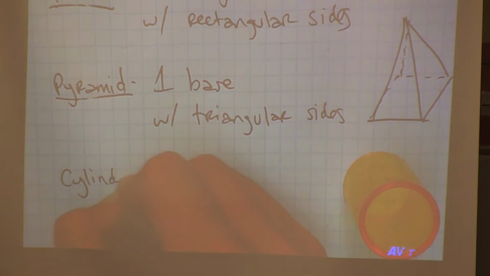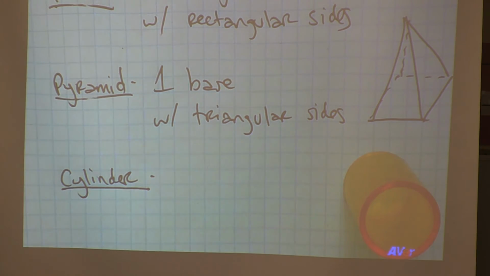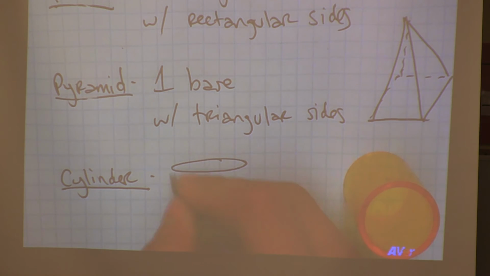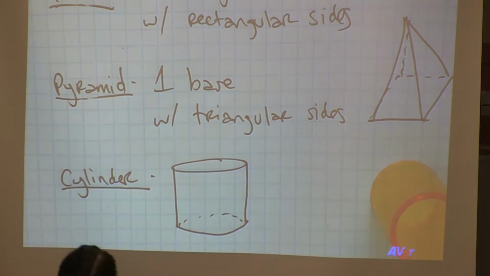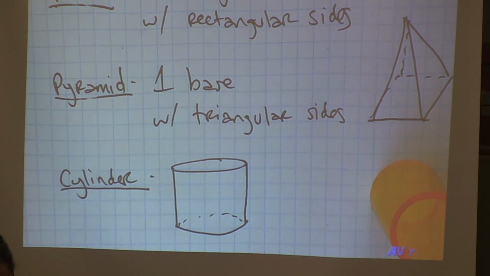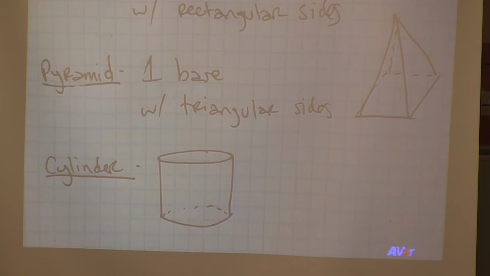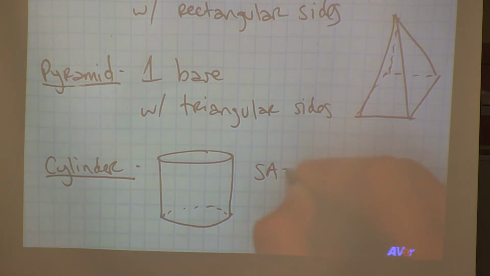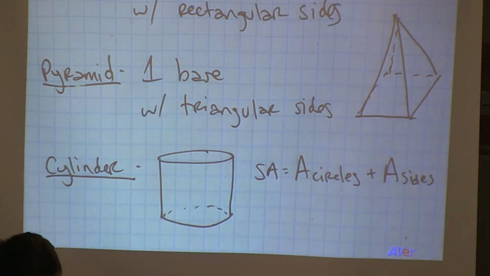The cylinder has a circular base. So when I'm trying to calculate the surface area for a cylinder, it's going to be the area of the circles, which we already know how to find, plus the area of the side. There's kind of only one side.